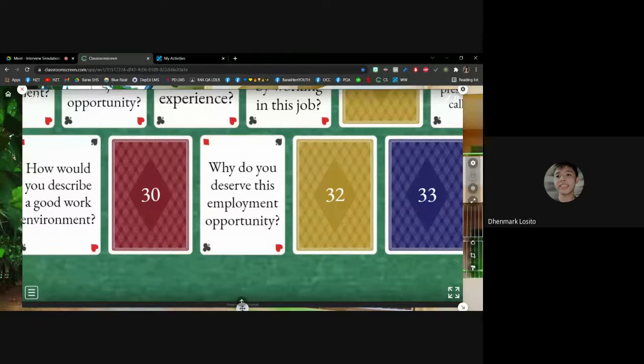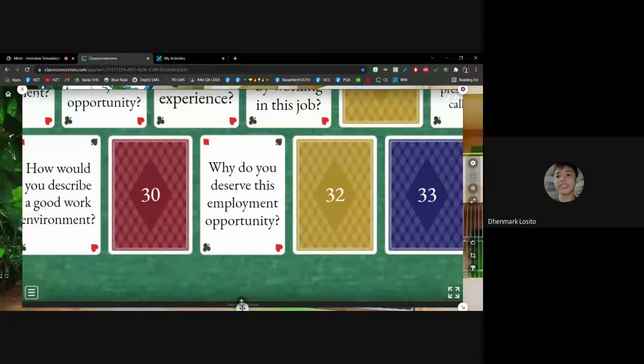Alam ko po yung abilities ko, alam ko po yung qualities ko na makakatulong to improve or to share in that company or workplace. And who knows, I can be one of those who can raise the ratings or enhance the company, kasi libre naman pong mangarap, di ba po?